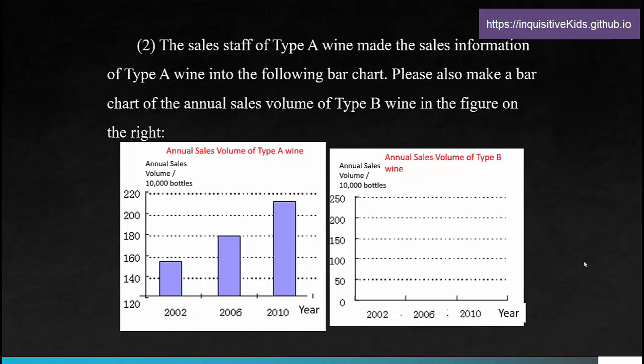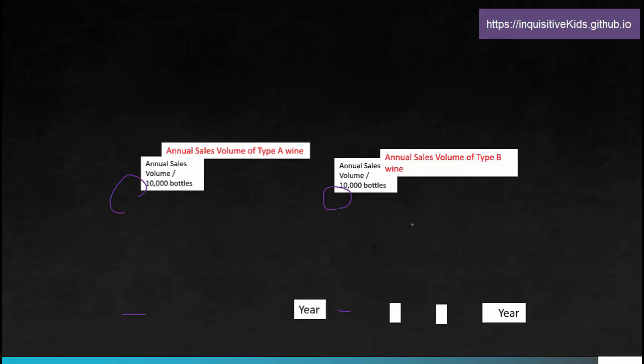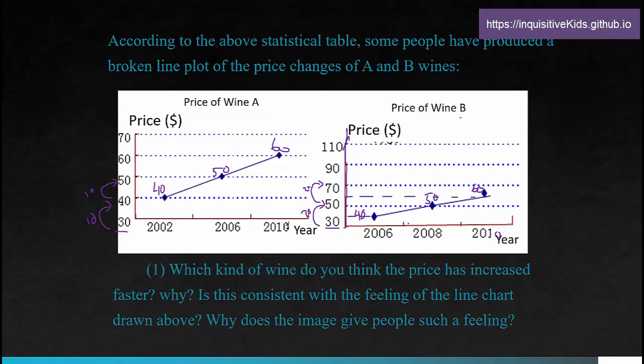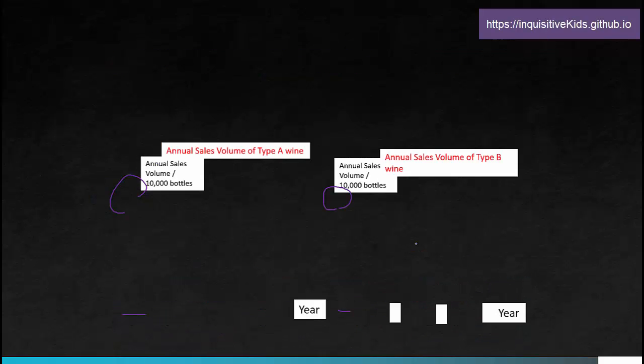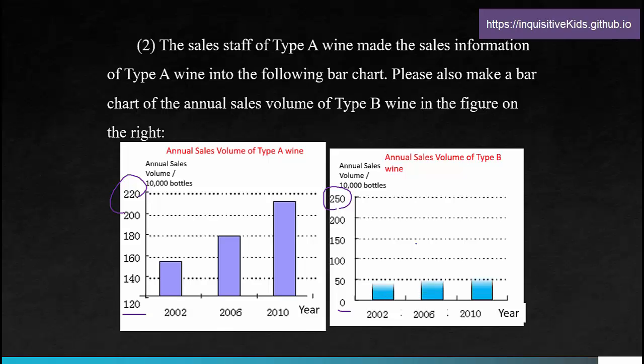So all you had to do here was remember the tick marks are different. This one is 250. This one is 220. And even here, this starts at 120 while this starts at 0. So now we're going to create this bar graph. We're going to see the data from here, and according to that data, we would graph here.